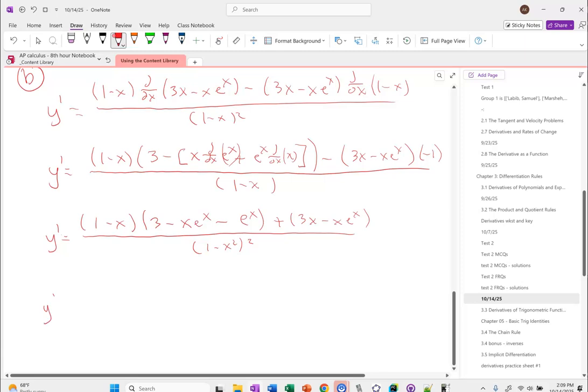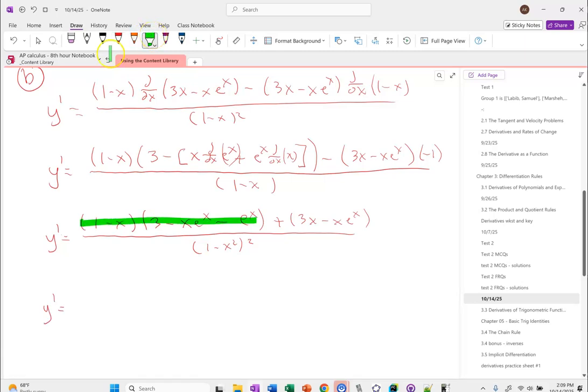So I'll FOIL out this first piece here. So 1 times 3, 1 times x e to the x, 1 times e to the x, negative x times 3, negative x times x e to the x, negative x times e to the x. And then that other stuff I can just drop the parenthesis on.